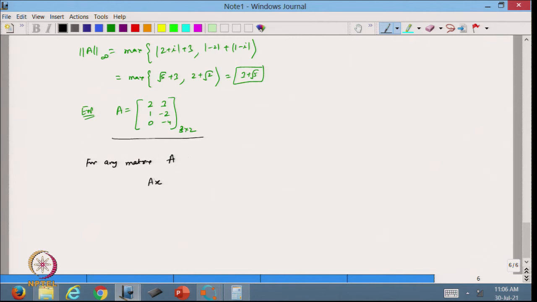I know that for any matrix A, Ax is a vector, because I am taking x as a vector. Suppose A is m cross n, then x will be n cross 1. So, in this case it belongs to R^n, and I am taking this as a column vector.